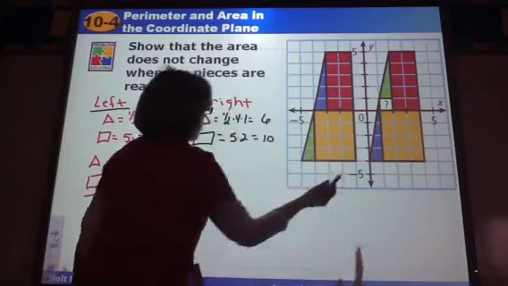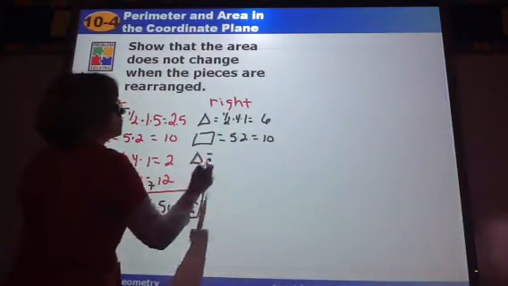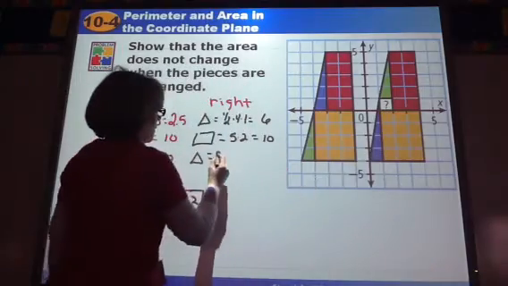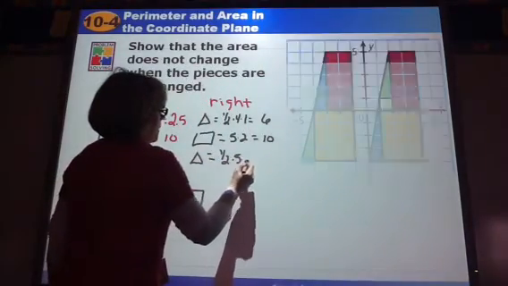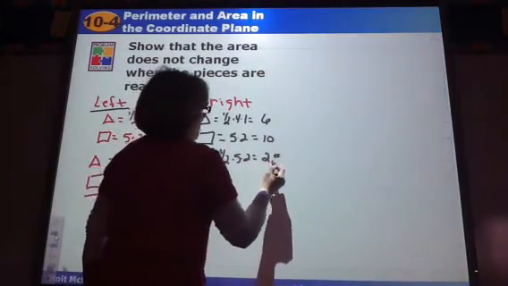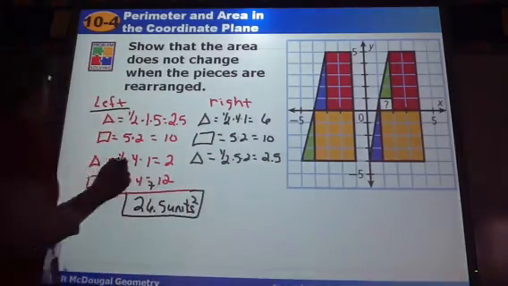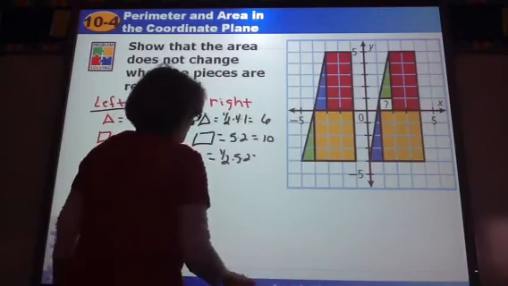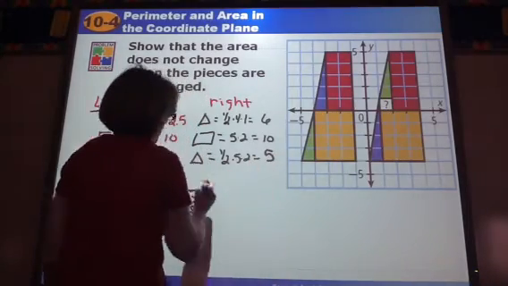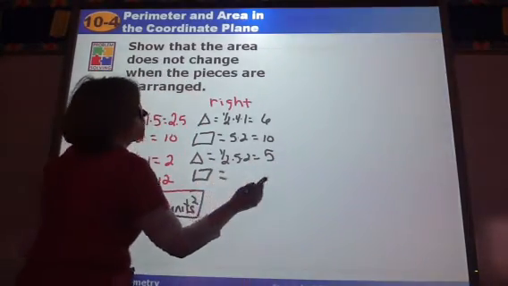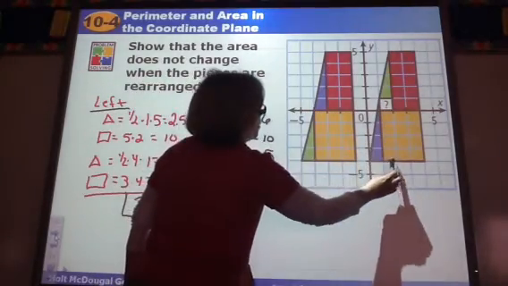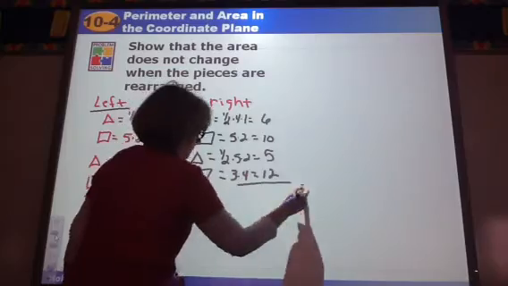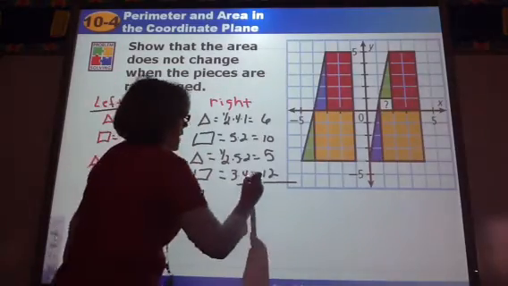And then down here in quadrant 4, we have the triangle, which is 1/2 times 5 times 2, which is 2.5, which is not 2.5, that should be 5. And then for the rectangle, we have 3 times 4, which is 12. Okay, so we need to add these.